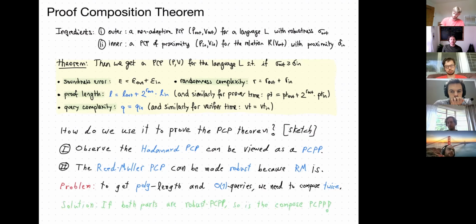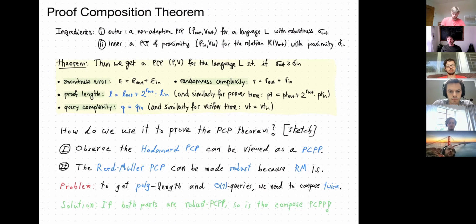And the point is that if both of the components are both robust and PCPs of proximity, then we preserve both robustness and being a proof of proximity. And so in fact, what we know is we can make both the constructions robust PCPs of proximity, and then we compose a robust PCP of proximity with a robust PCP of proximity, and we get a robust PCP of proximity, so we can do this as many times as we'd like. So that's the whole idea of the composition and how we get the PCP theorem.